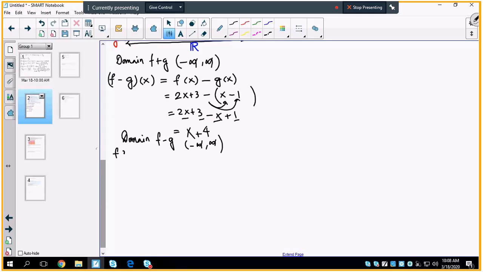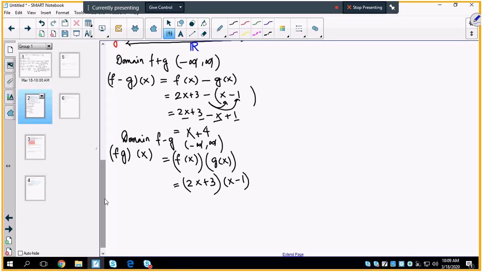Then your next objective is to find out the product of the functions f times g, which is f of x times g of x. So write explicitly what f of x looks like, and then write explicitly what g of x looks like, and then multiply. So f of x is 2x plus 3. G of x is x minus 1. As you can imagine, I'm going to FOIL, which we will do by distribution.